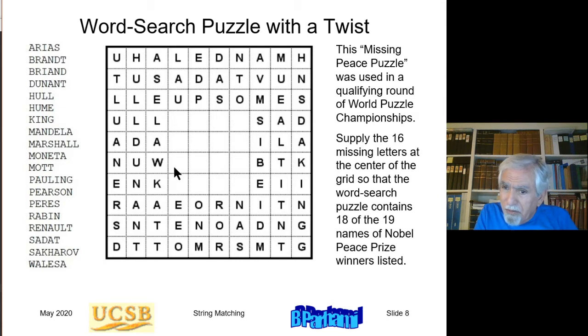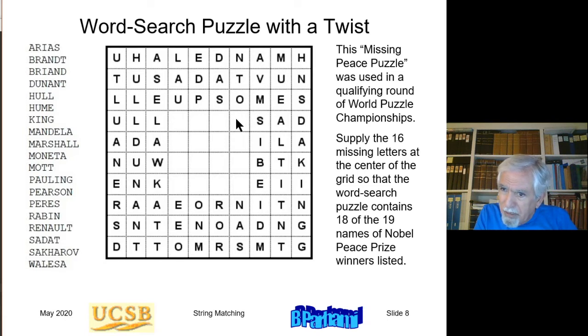A part of the puzzle is not given, and you have to fill out that part as well. So for example, take the name Hume. You're looking for H-U-M-E, but because some letters here are missing, so here is an example, H-U-M-E.